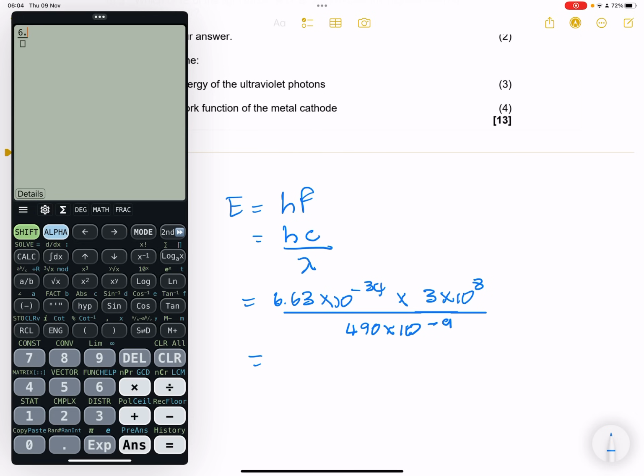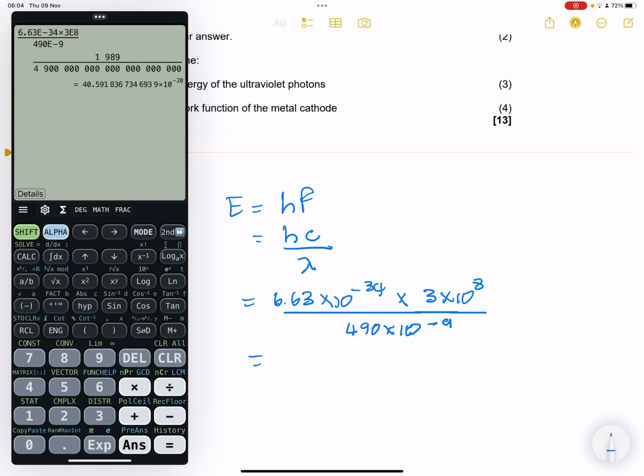That's 6.63 exponent negative 34, multiplied by 3 exponent 8, and we divide all of that by 490 exponent negative 9.